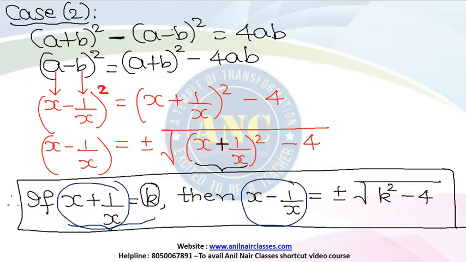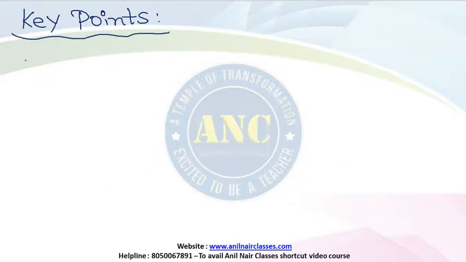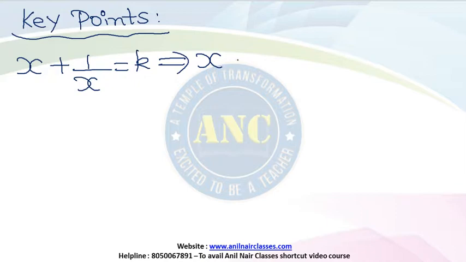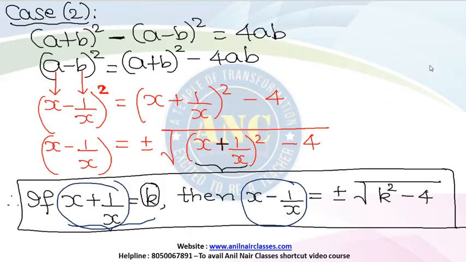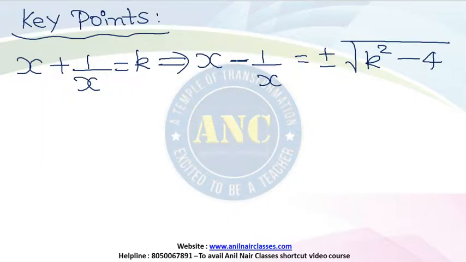First key point: suppose I know x plus 1 by x value as k, then this implies x minus 1 by x value will be equal to plus or minus square root of k square minus 4. Right, k square minus 4. In simple language, if I want to find x minus 1 by x, keep minus inside the square root. If I want to find x plus 1 by x, please keep plus inside the square root.